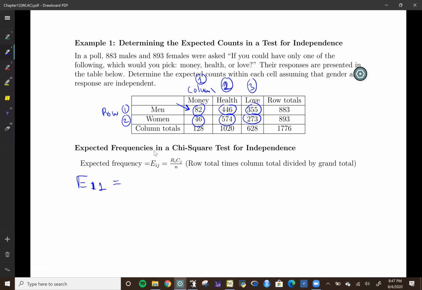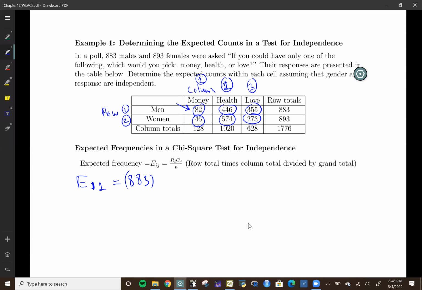So in order to find that expected value, I have to look at the total of that row. So how many total people do we have that are men? Cool, 883, perfect. Great job. So we put 883 right here.